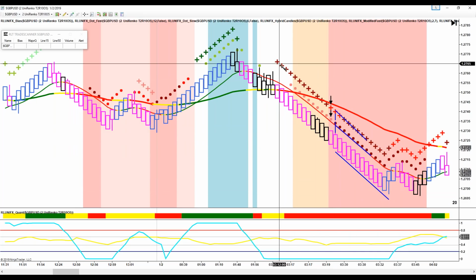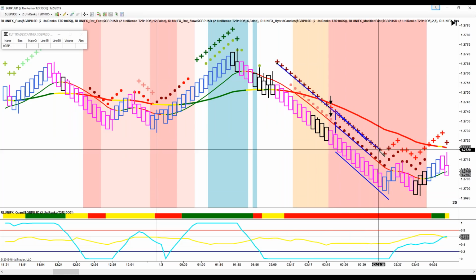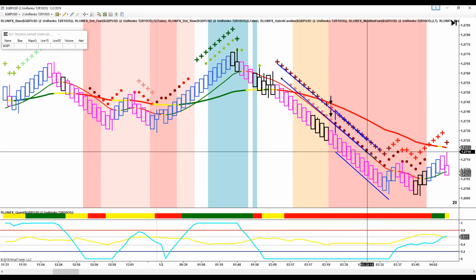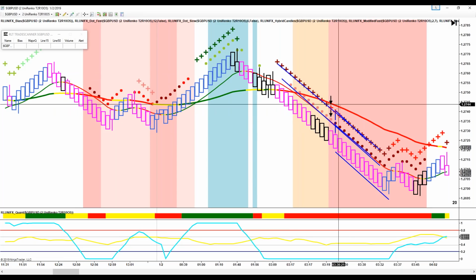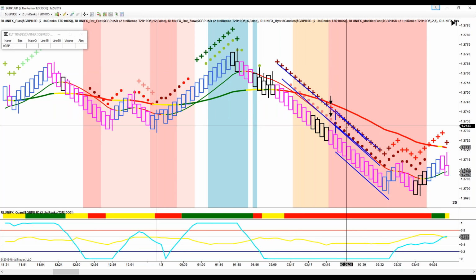Now, these are simply a faster, higher time frame. This is a slower, higher time frame. I mean, we want to trade with as much specificity as possible. So these are just different speeds of the exact same analysis.